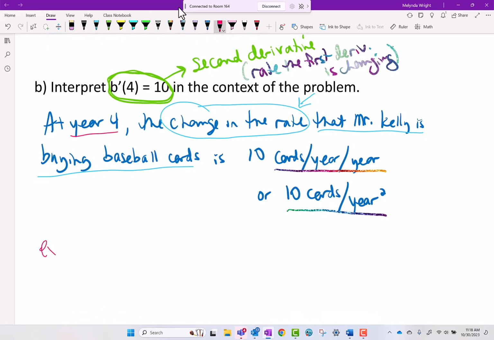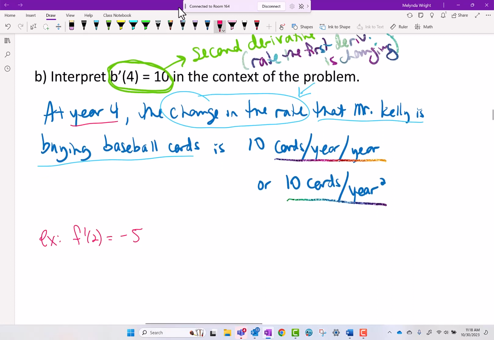So here's an example. Let's just go back to our first derivative, I think that's easier. If f prime of x, let's say f prime of 2 is negative 5, and I say f, I don't know what f is, just come up with something. What could that be measuring?